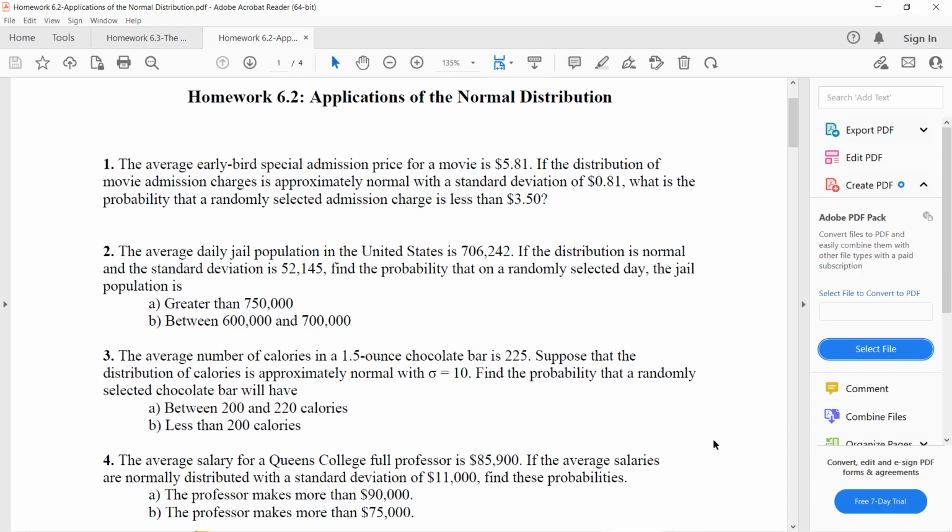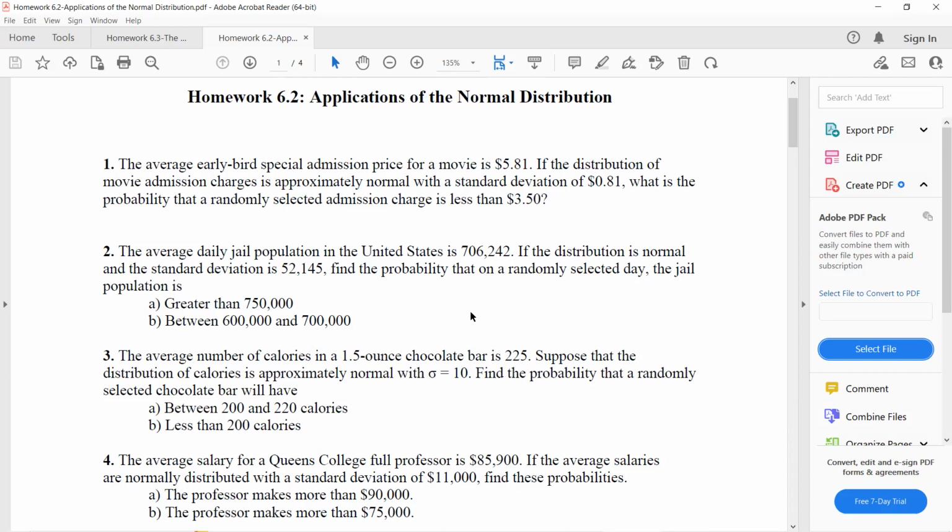So let's pick out our parts. Remember, we need the mean, we need the value of the variable, and we need the standard deviation. So what do you think the mean is here? The mean is 706,242. That's right. That's mu.